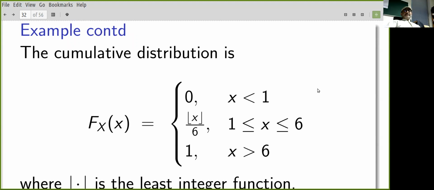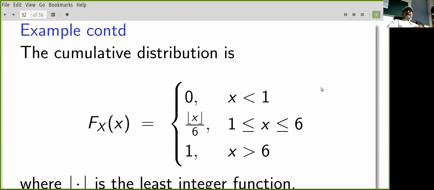Well, let's take a few examples. If I have the value 1, what's the probability that the random variable x takes the value 1 or values less than 1? Well, the value that it can take is 1. The probability of that is 1 out of 6.